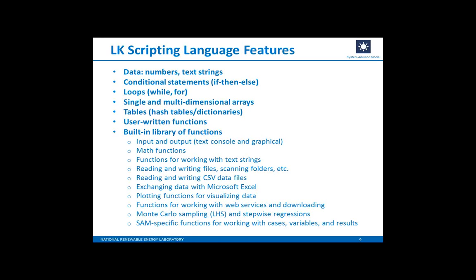You can read and write files from your computer, scan folders. So if you wanted to list all the weather files, for example, in a folder on your hard drive, you can do that automatically. There's some powerful functions for working with CSV, or comma-separated value files.